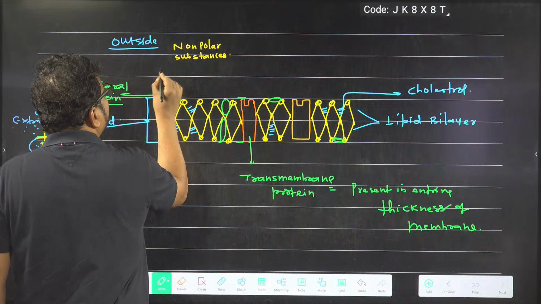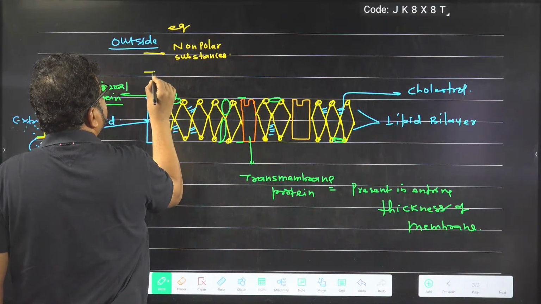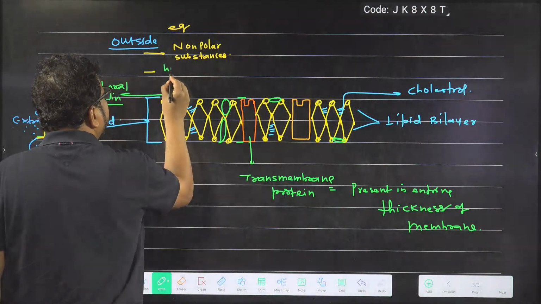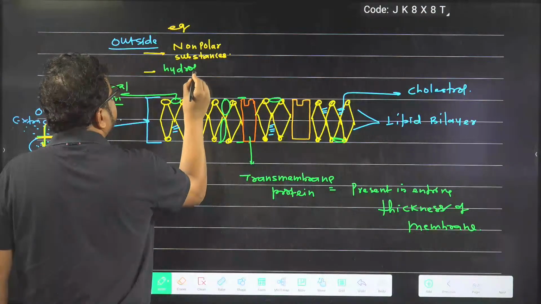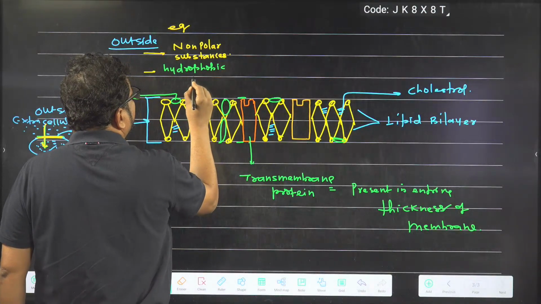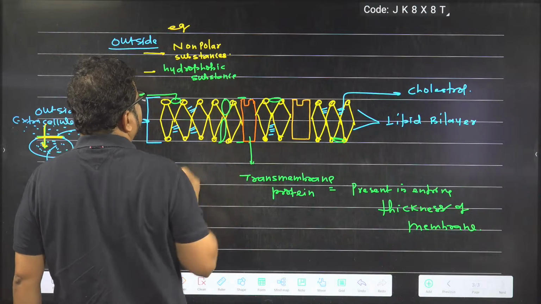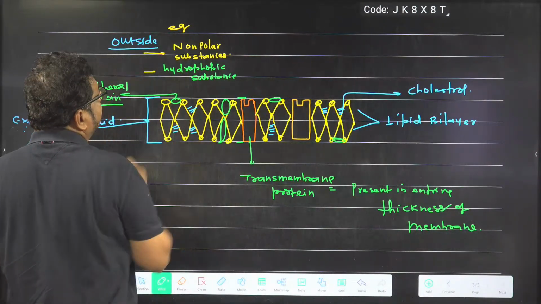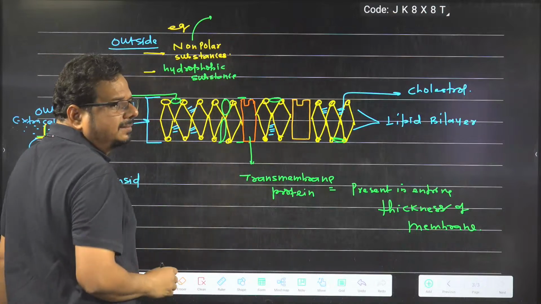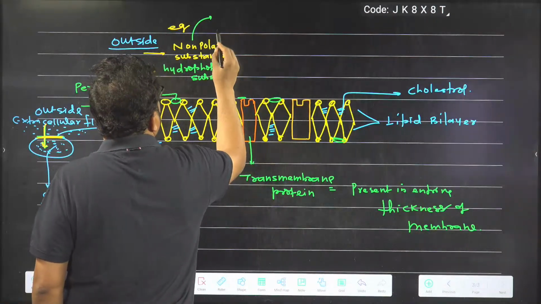Another example is hydrophobic substances. As you know from the name, hydro means water, phobia means hate. So such substances are hydrophobic. Can you tell me any example of non-polar substances?